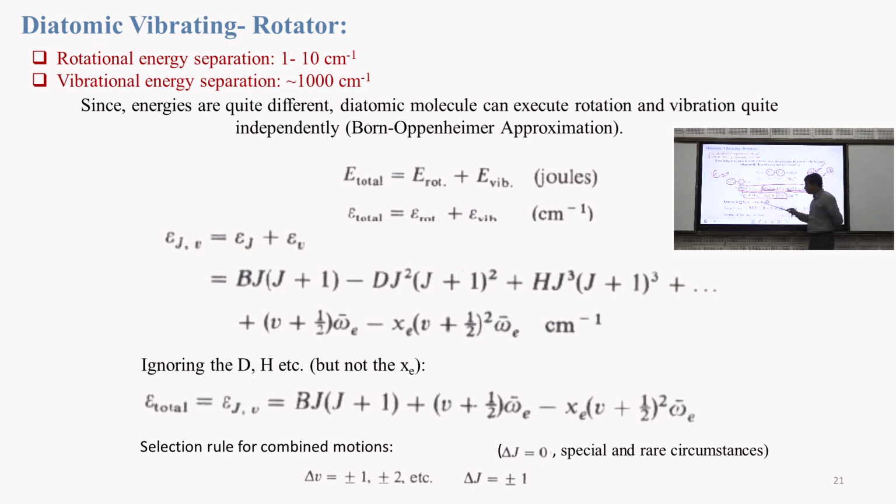But XC is also a small number, 0.0147 or so. Why don't you ignore XC? We are not ignoring it, because XC directly affects the fundamental band position and the first overtone position. If you remember the expression, omega E (1 minus 2XC), it directly affects the fundamental band position.